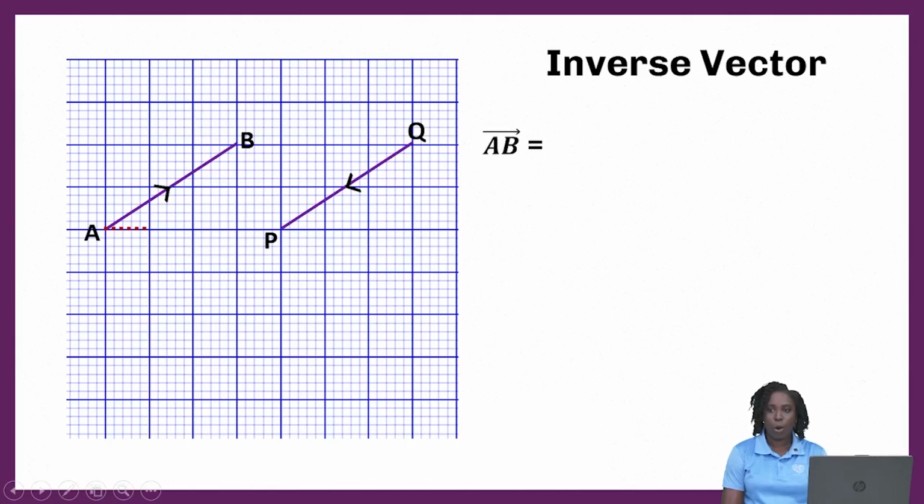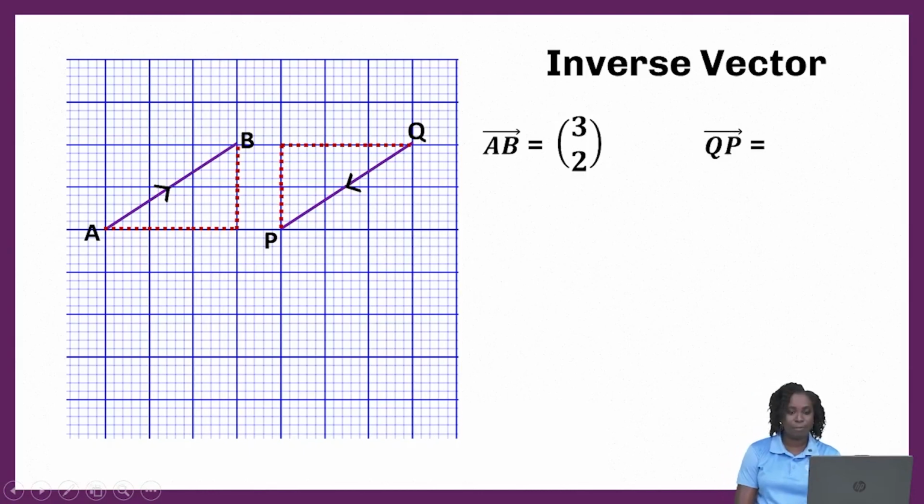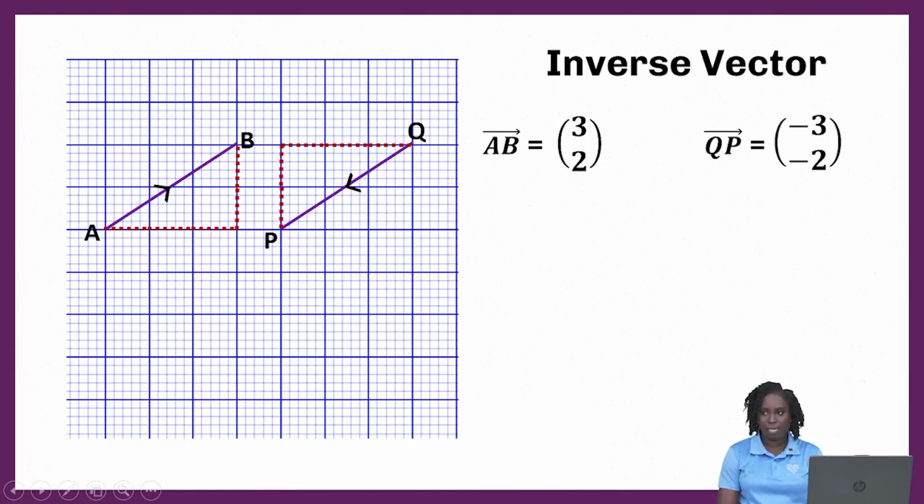We'll move to the right 1, 2, 3 places, and then we would go up 1, 2 places, and so that is 3, 2. QP, however, we are going to be moving to the left 1, 2, 3 places, and down 1, 2 places. So this therefore becomes -3, -2.